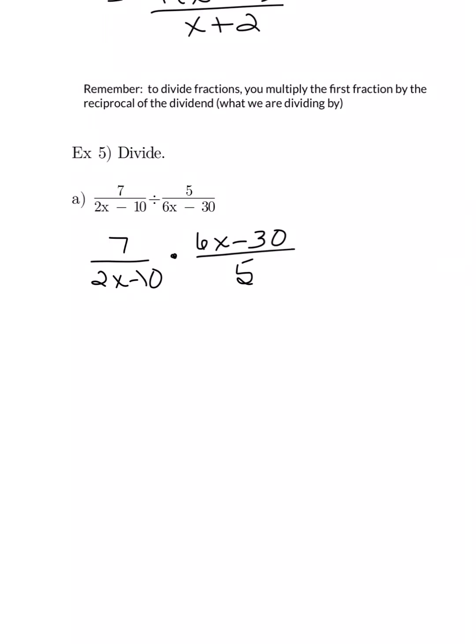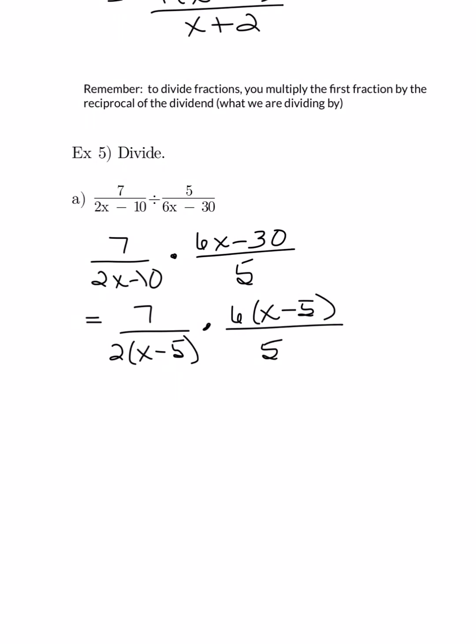Now we just go back to what we were doing on our previous examples. Look for common factors and simplify. Our first fraction, the 7, doesn't simplify, but in the denominator we can pull out a 2 and have x minus 5, times. On the second fraction, the numerator, we could pull out a 6 and have x minus 5 over the denominator of 5.